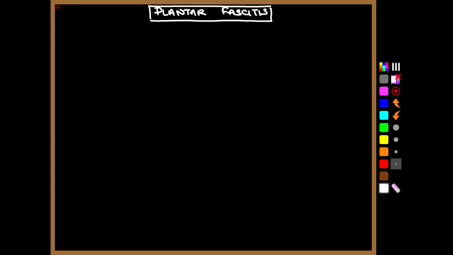Now, the NICE guidelines divide plantar fasciitis into various parts, and we'll go forwards dividing it off as we skim through the NICE guidelines. The first part is where the guidelines talk about the definition.